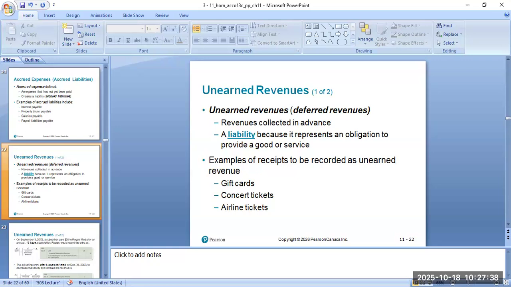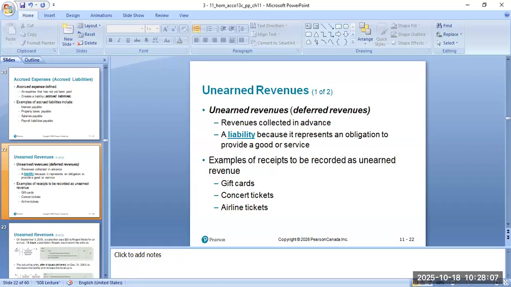Now, when we accrue the expense, we have an obligation to pay it later. That creates a liability. When we collect the cash and push the revenue into the future, that could also create a liability, because technically we haven't provided any services. The fact that we collected the cash from the customer doesn't change the fact that we haven't delivered anything yet.